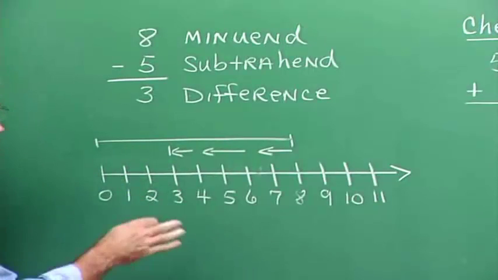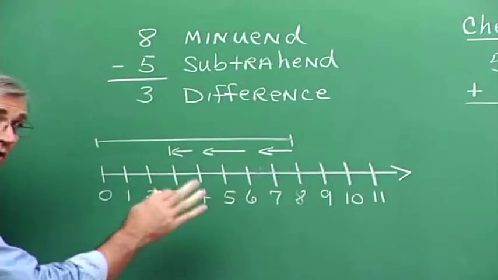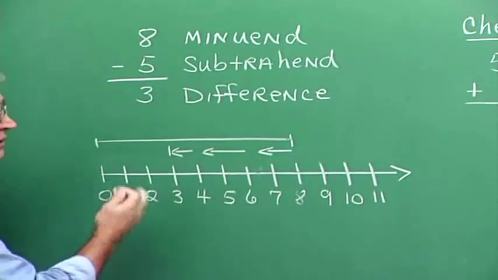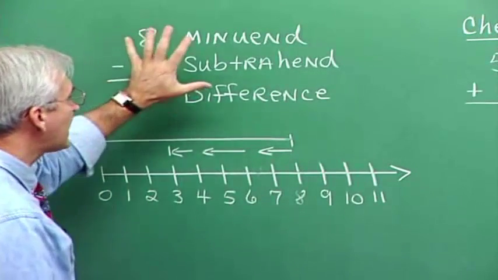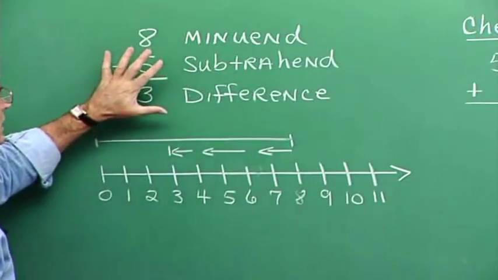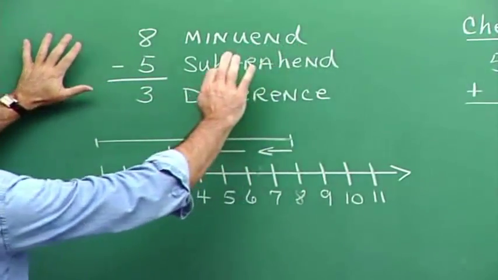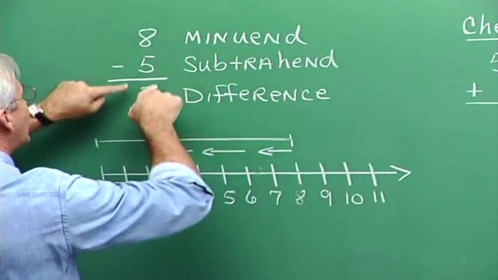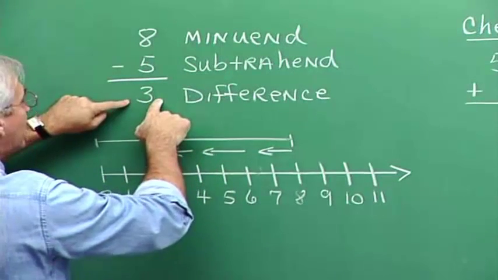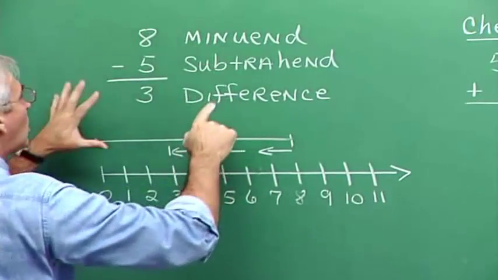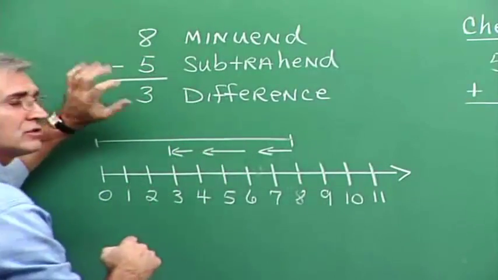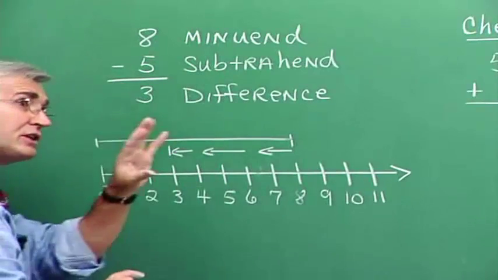But once again, it's not always going to be the case that we can use the number line, because it just won't be convenient. The numbers will be a little too big. The nice thing about subtraction is that we can check our work. If 8 minus 5 is 3, then it's certainly the case that 5 plus 3 is 8. That is, the check involves putting all of the ingredients together into an addition problem.